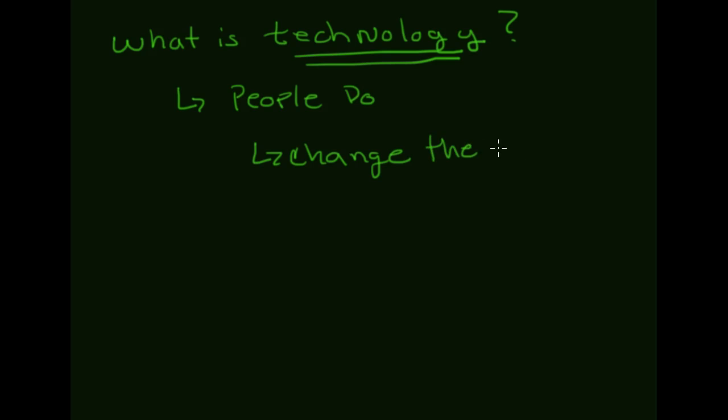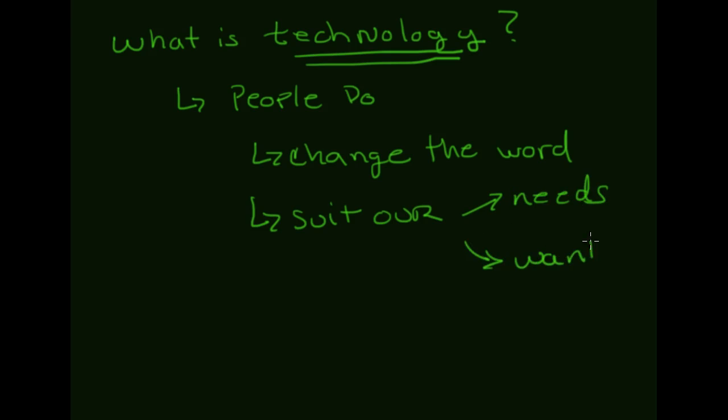Seems like a pretty big order there. We change the world to either suit our needs or our wants. So we modify the world that's around us so that it will better do what we need it to do or what we want it to do.